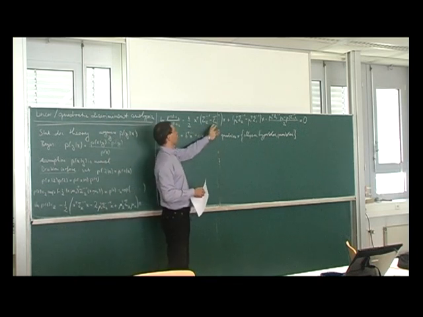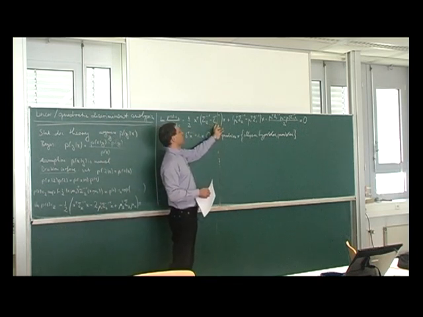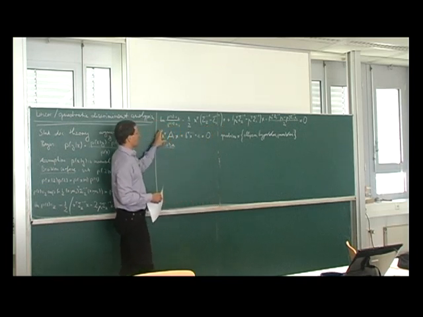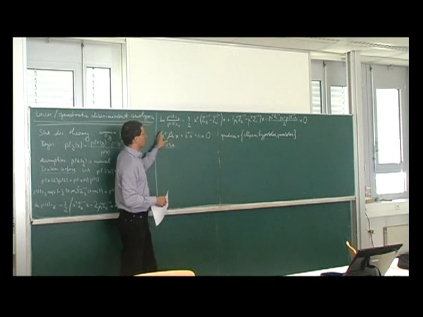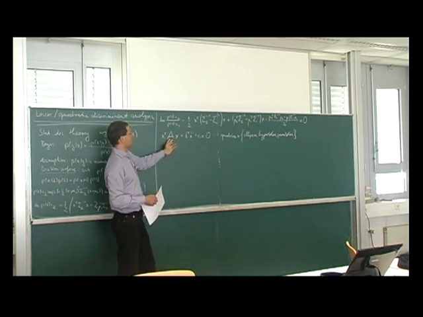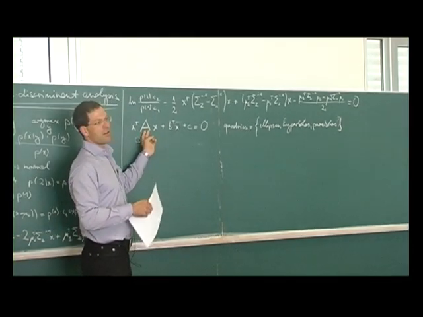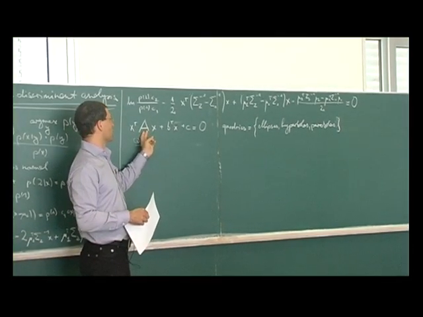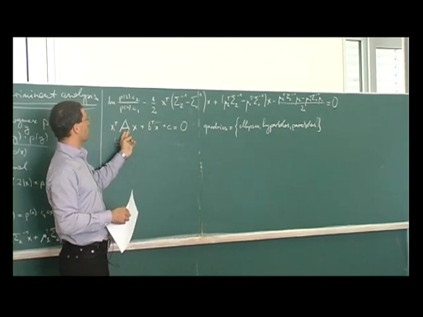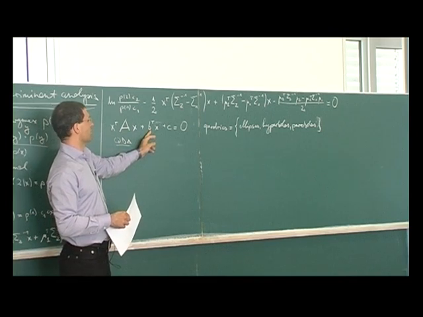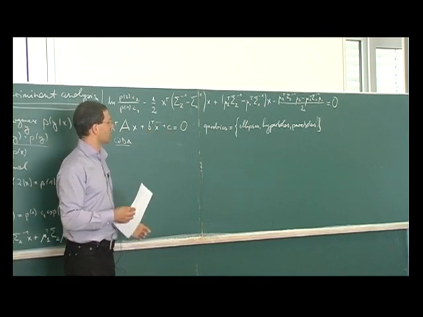Because if you look at this formula, it looks like we need the full covariance matrix for the first class and the full covariance matrix for the second class. But if instead you look at this somewhat more abstract form here, you see that we need just to estimate the parameters in one matrix, which is symmetric. So this matrix A is symmetric. If we work in dimension p, this will be p times p minus 1 over 2 parameters. This will be another p parameters for this vector plus an additional parameter here.